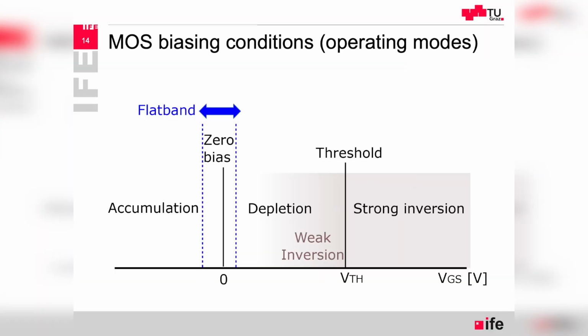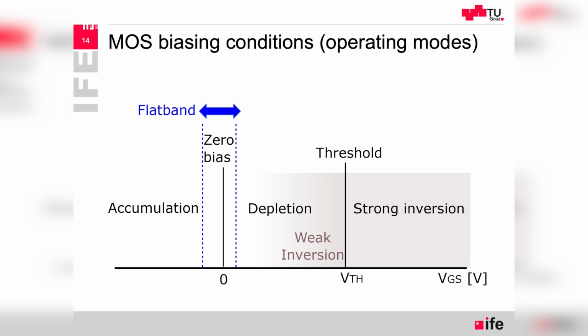And now what we see here is the summary, just to repeat all the different conditions, which are also called operating modes under the gate. First of all, we have the flat band voltage, which can be anywhere, positive or negative, and actually it's quite generous to have such a narrow band for the flat band because it can extend quite broadly in theory.